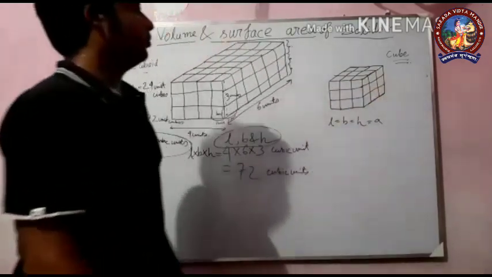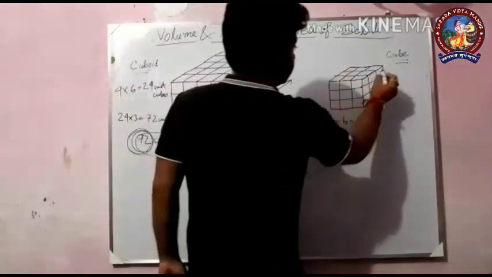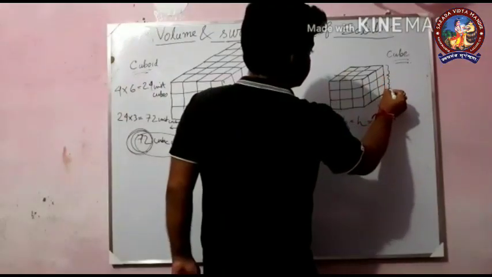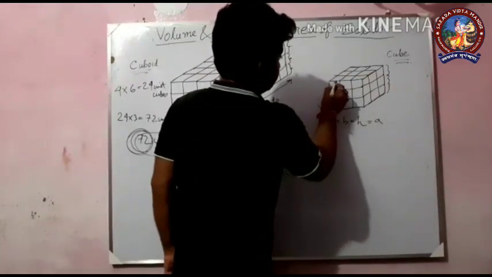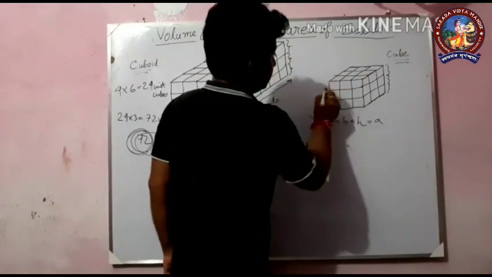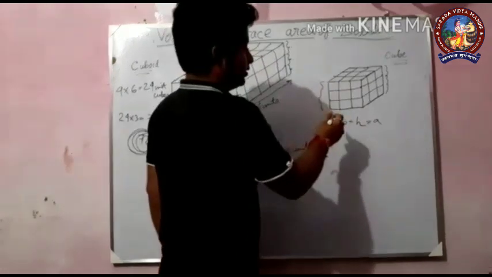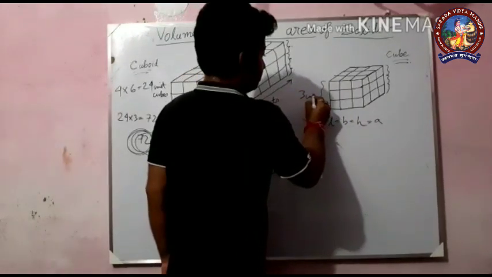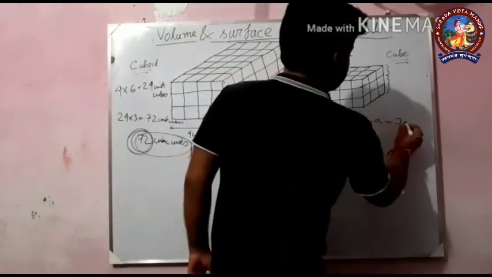if I have to count the volume of this cube, here I can see there are also 3 layers of unit cubes, and suppose here each side of the surfaces or each edge is of 3 units, right? So a is equal to 3 units.